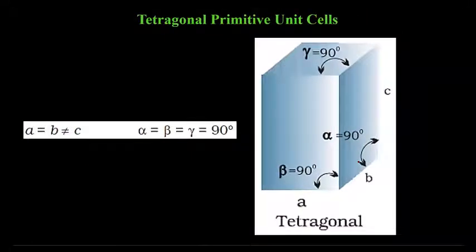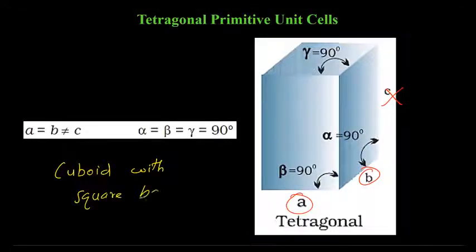Then tetragonal primitive unit cell, as I said, it is a cuboid because all angles are 90 degree and A and B are equal, but C is not. So tetragonal is actually a cuboid with a square base.